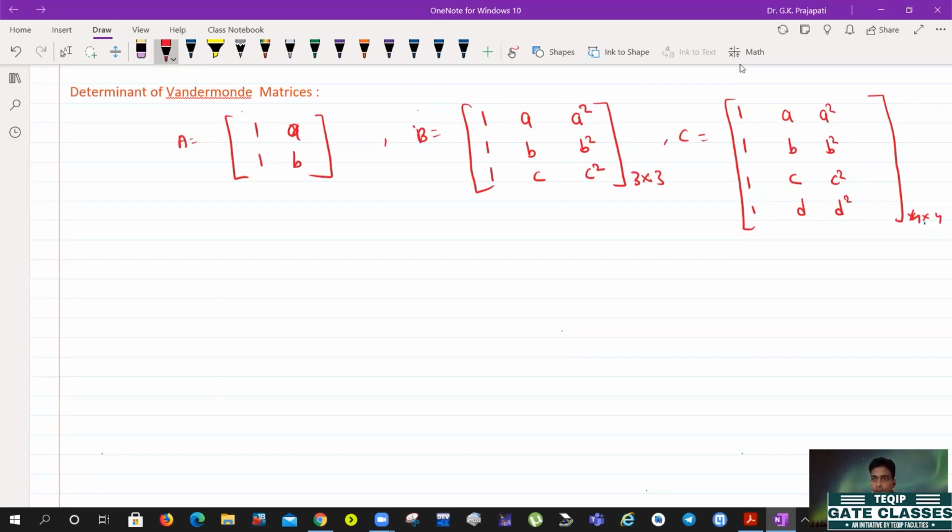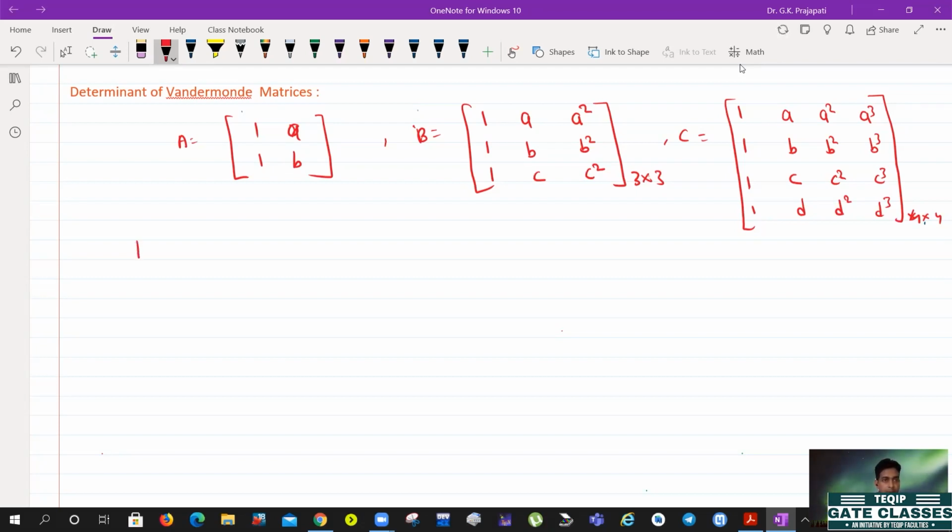And elements of the fourth column are A cube, B cube, C cube, D cube. Then such a type of matrix is called a Vandermonde matrix, and its determinant is very simple.